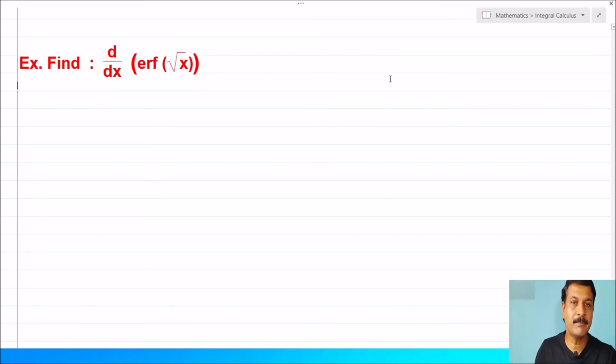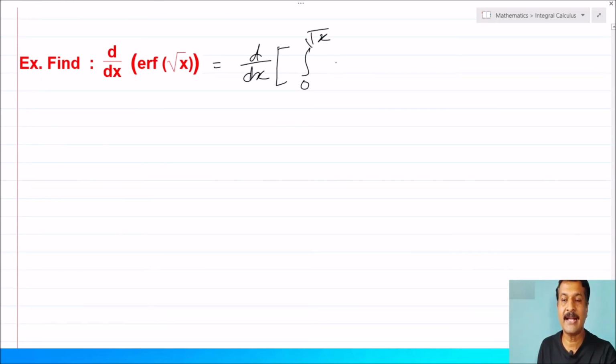Similarly, many examples on the error function and the complement of the error function you can evaluate. So here is one example: find d by dx of the error function of root x. It is very simple. In short, I am giving the answer here. That is d by dx of the integration from 0 to root x of 2 by root pi e raised to minus t square dt, and therefore, by DUIS rule number 2, I can solve it.